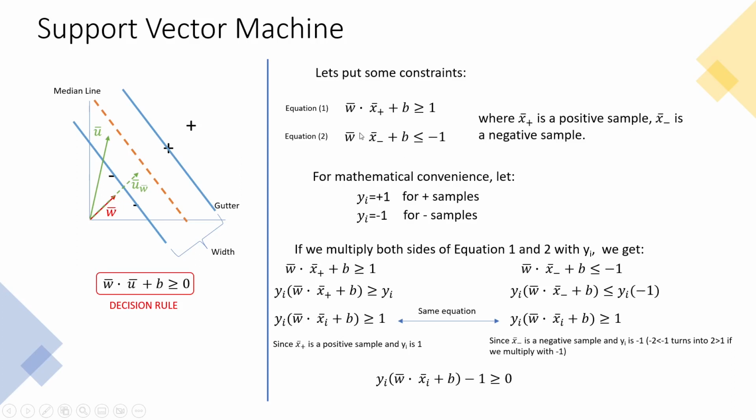And our second equation is when we have a negative sample: w dot x minus, plus b is smaller than or equal to minus 1. Right, so this is the equation we used to write these two equations.